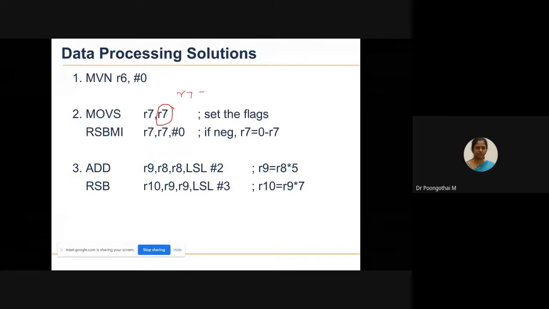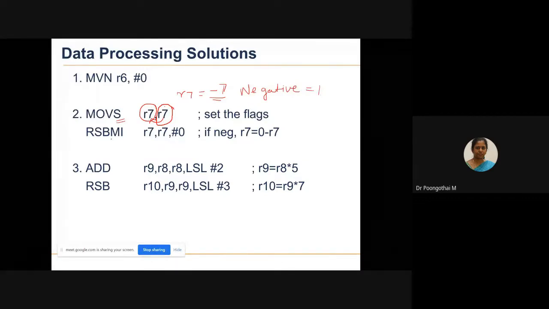So move that result into R7. After execution, this -7 is loaded into R7 along with the flag update. So in that case, your negative flag will be set to 1.